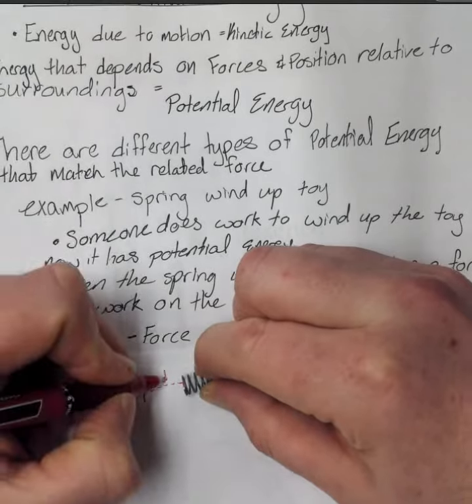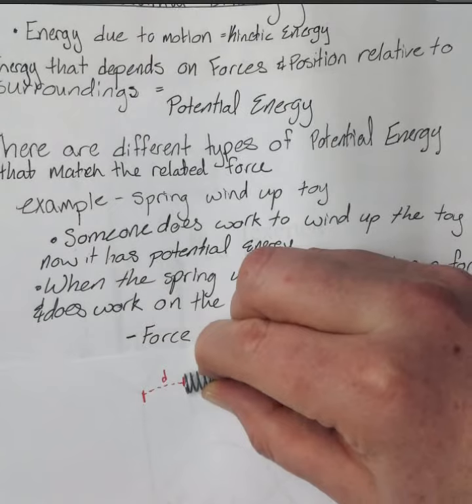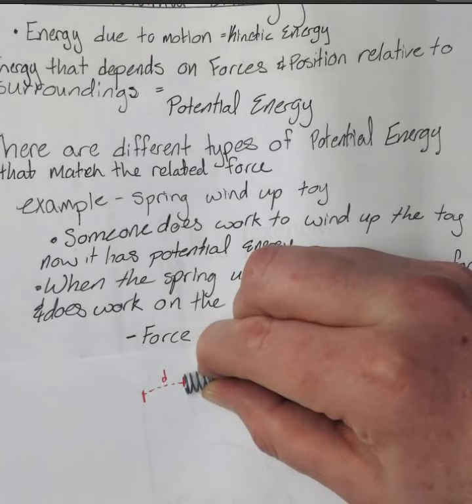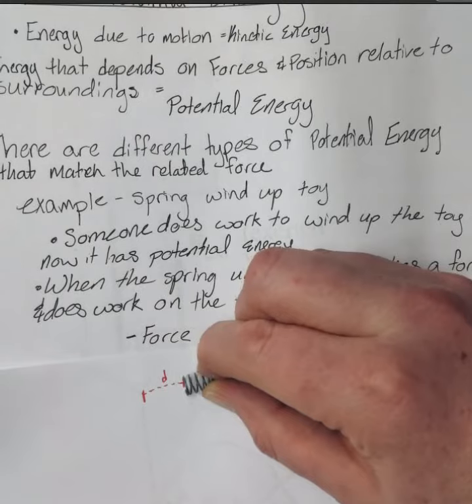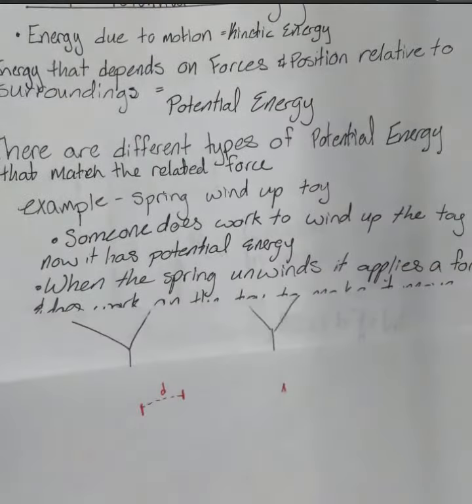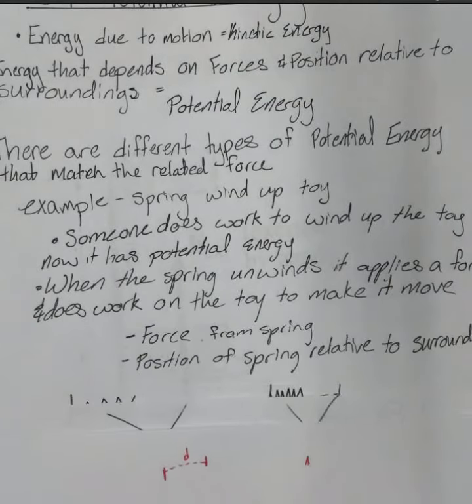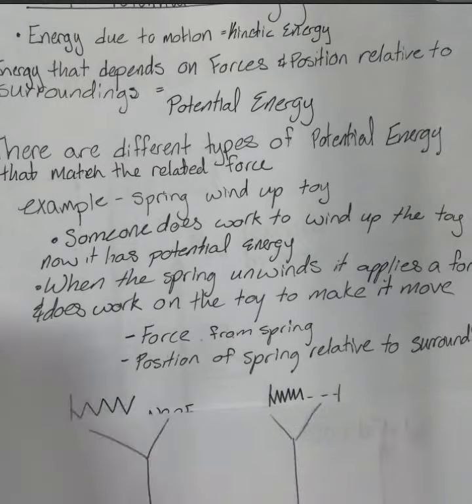So I've done work on the spring. And as long as that spring is held in that position, the spring now has the potential to do work. And if the spring does that work, it'll do it over that distance.